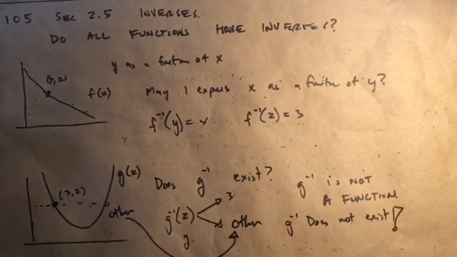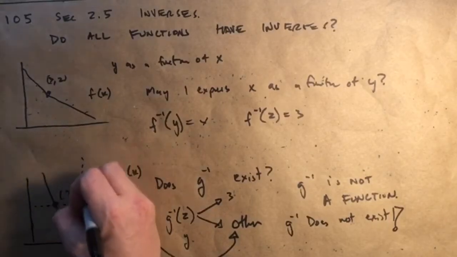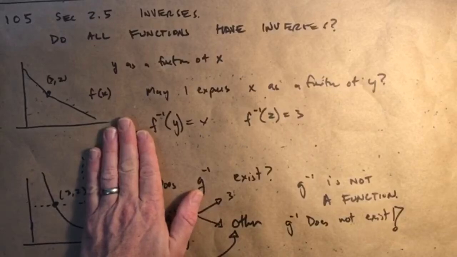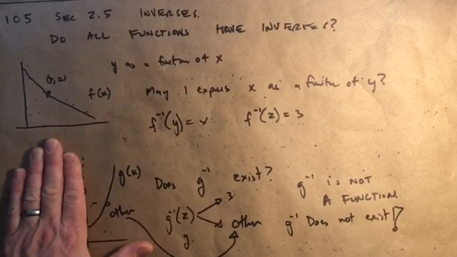Now, we will talk later in the semester how to make partial inverses. Say if I only considered that first half, it would be invertible, or this half, it would be invertible.